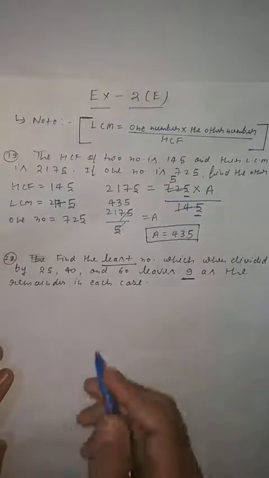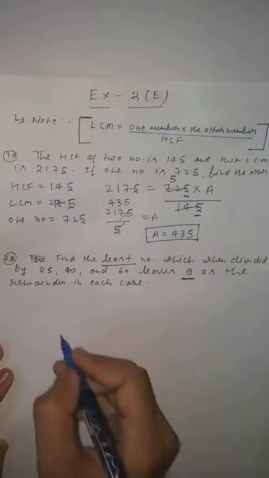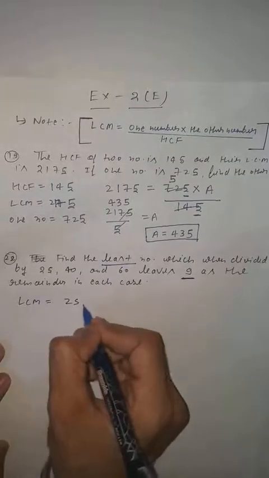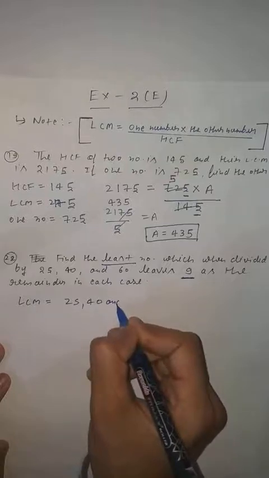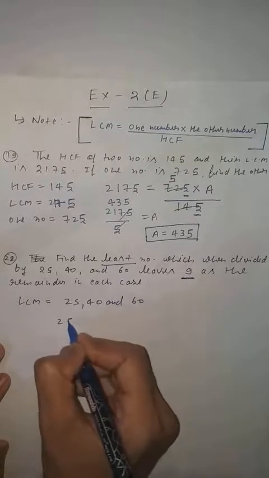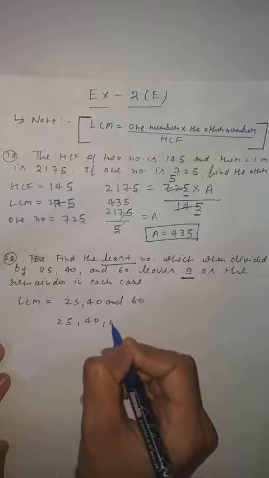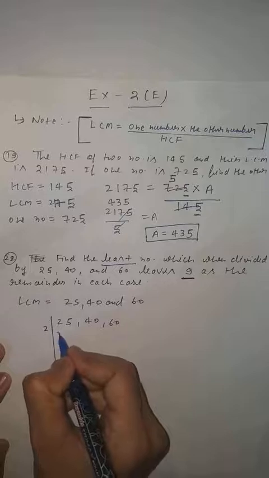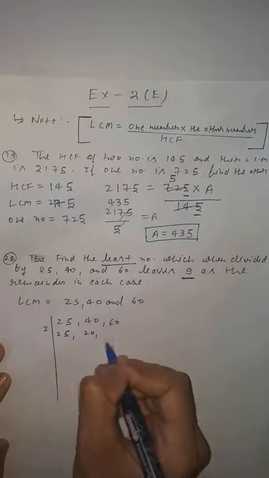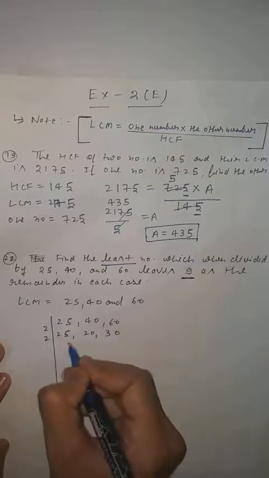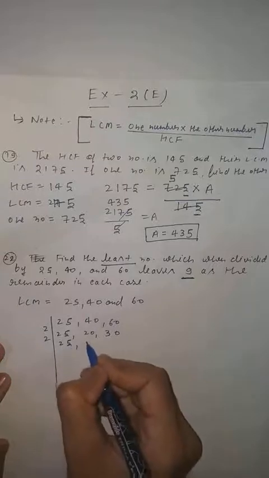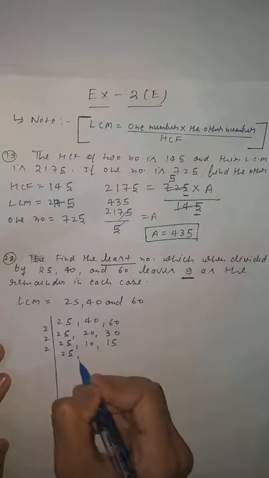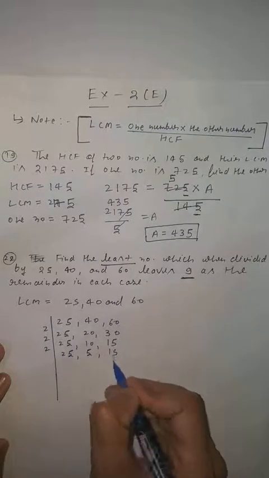So in this, first you will find out the LCM. You have to find the LCM of 25, 40 and 60. Clear, students? 2, 25 is not divisible. For 2, 25 is not divisible. 5s are not divisible. Again what you will choose?